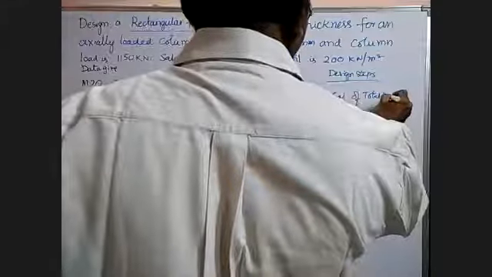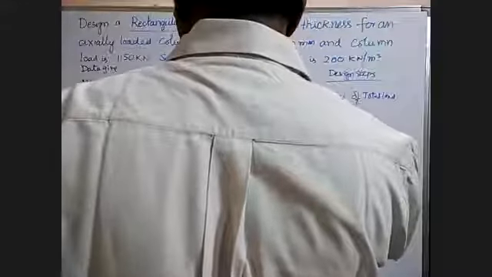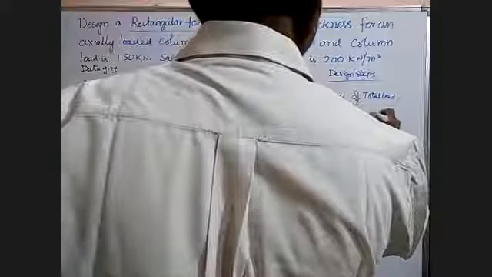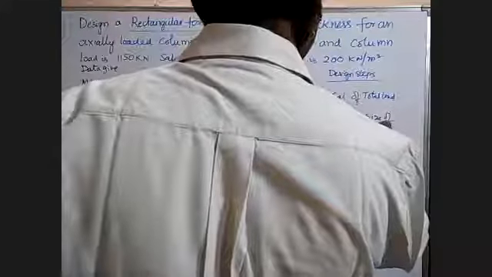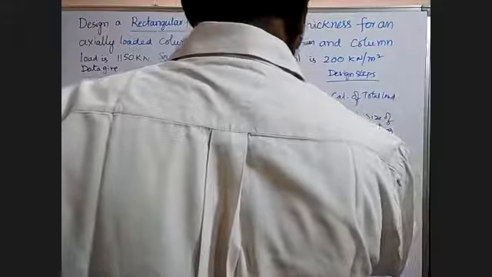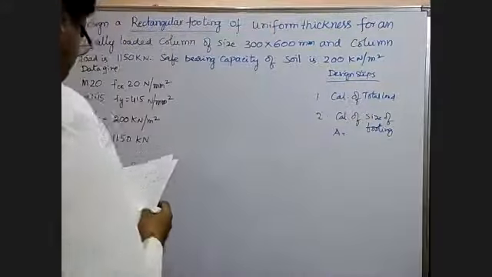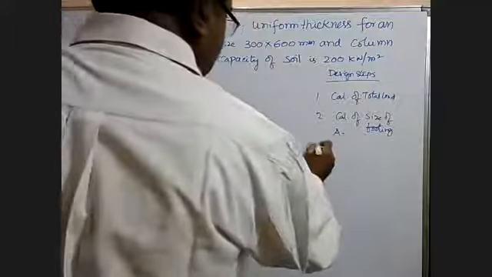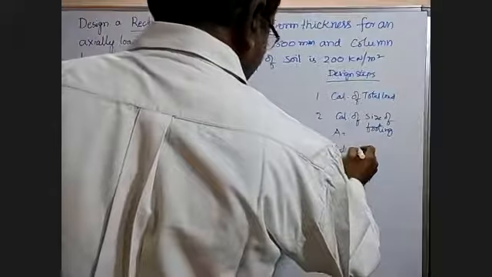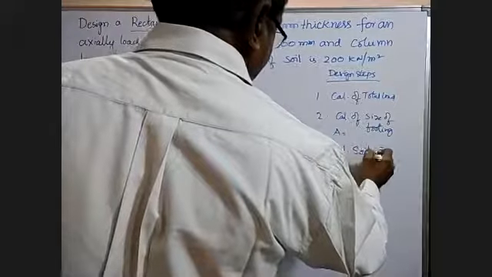The second step is calculation of size of footing, that is area of footing. Then the third step is calculation of soil pressure, upward soil pressure.